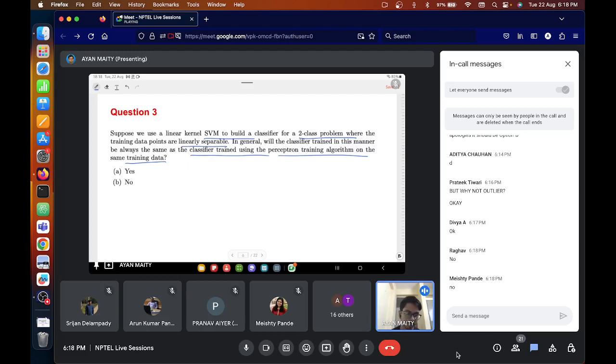So Raghav has written no, Mishti Pandya has written no. So both the answers I have received in the chat are saying no. Pratik Tiwari has written yes.